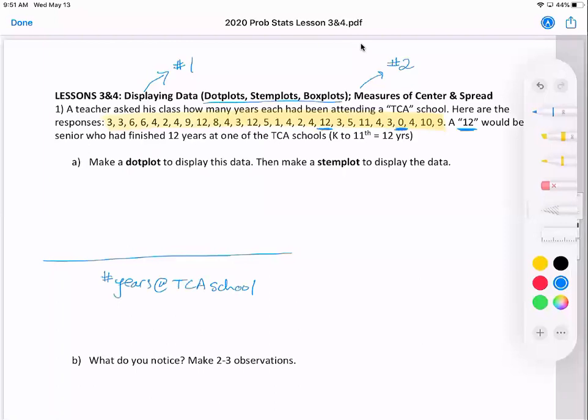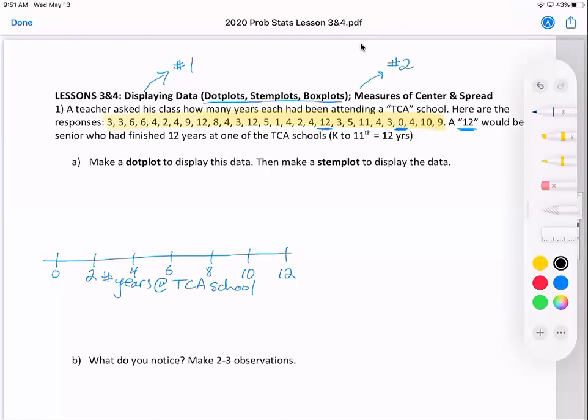So we'll count off from 0 to 12. You can do 0, 1, 2, 3, and so on up to 12, or I think what I might do is just go 0, 2, 4, 6, 8, 10, 12. Okay, so that's our horizontal scale.